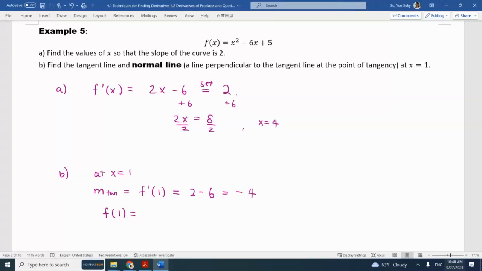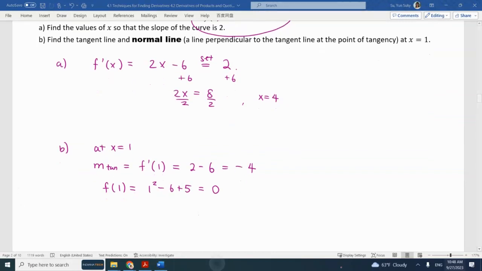So what do we get? 1 squared minus 6 plus 5. Yes, what is that? Oh, how nice. It's 0.